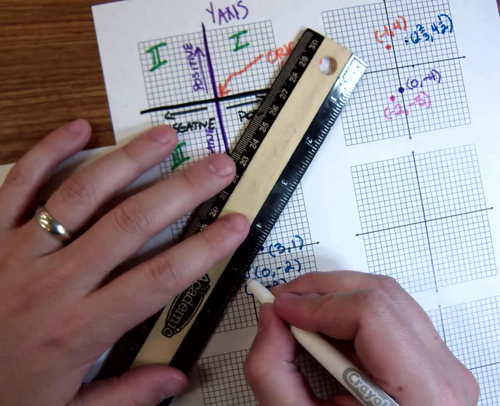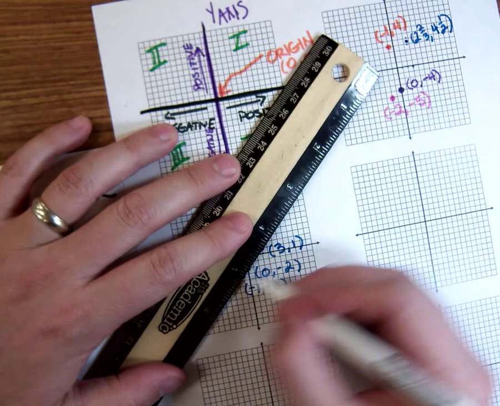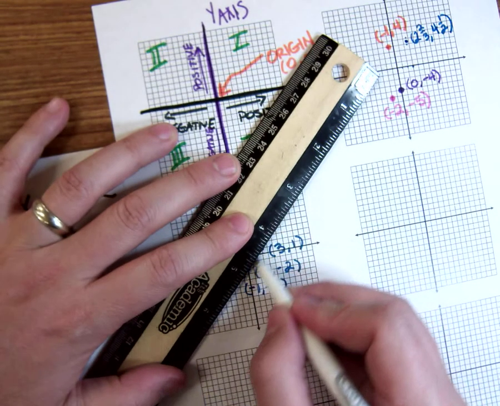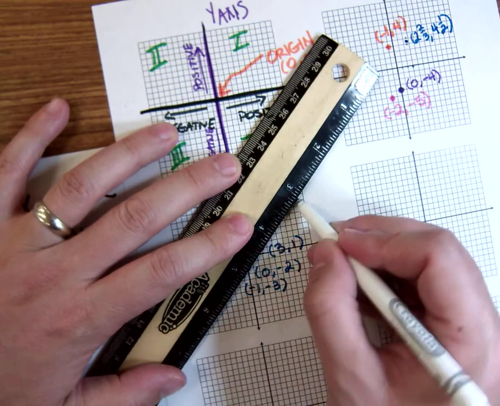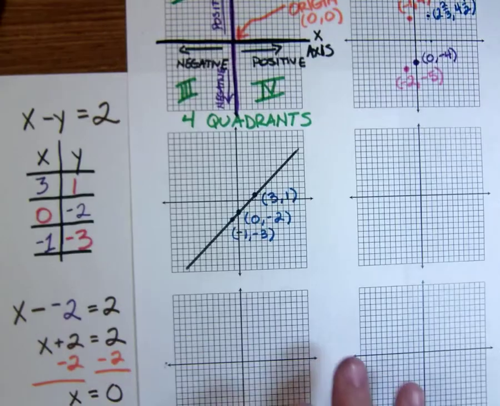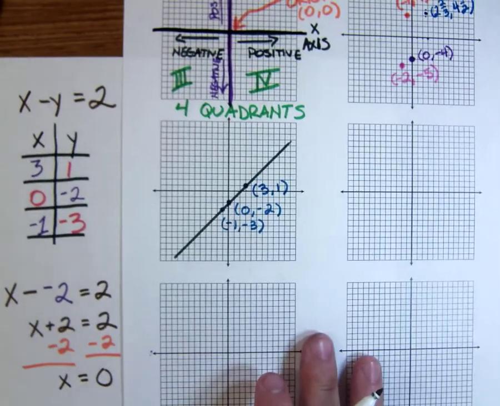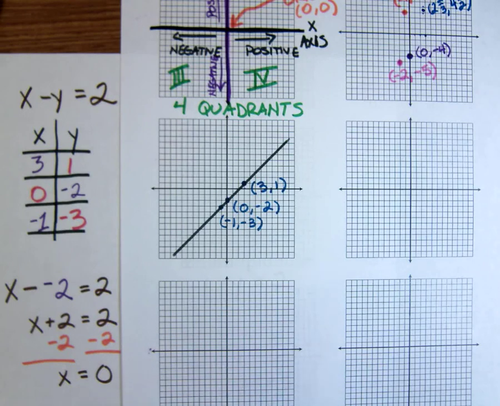So I'm going to take my ruler here, and I'm going to connect these dots like so. Now, what does it mean when I connect these dots? I mean, yeah, I'm making a pretty shape, a line, but what does that line mean? Give you all the solutions for the numbers that are along those lines. Exactly right. That line represents every solution on that line.